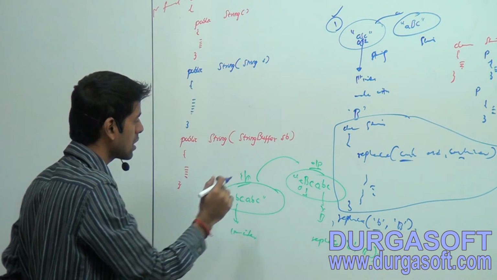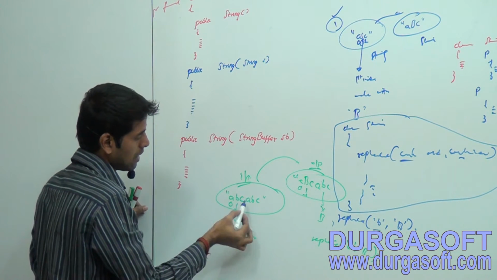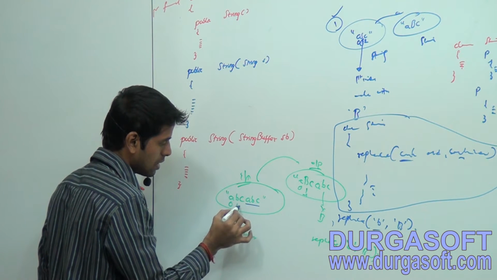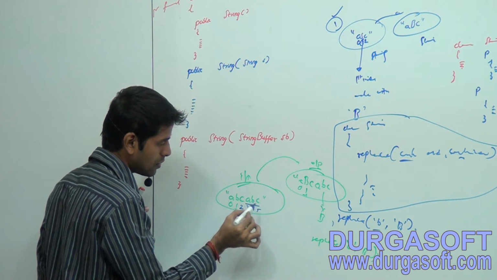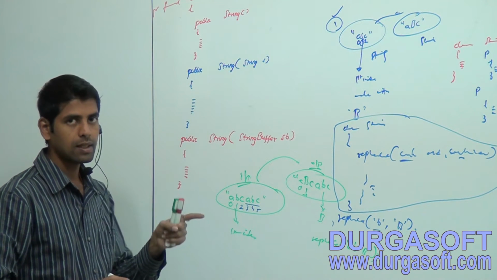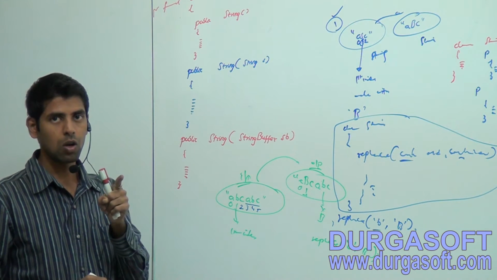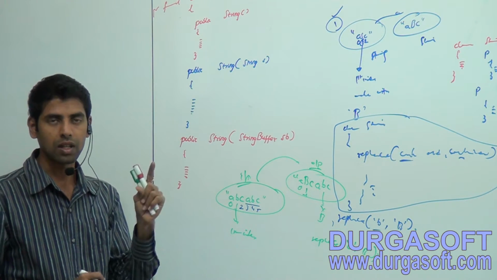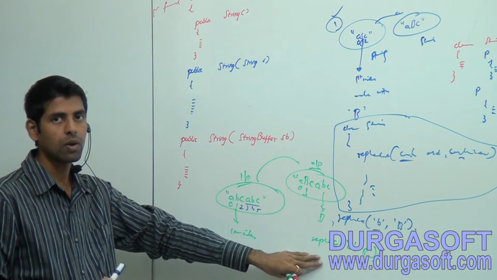Now come to this scenario. What is happening? ABC. Getting, guys? Now I want to replace only first index small b with capital B. If I use this replace method, what happens?